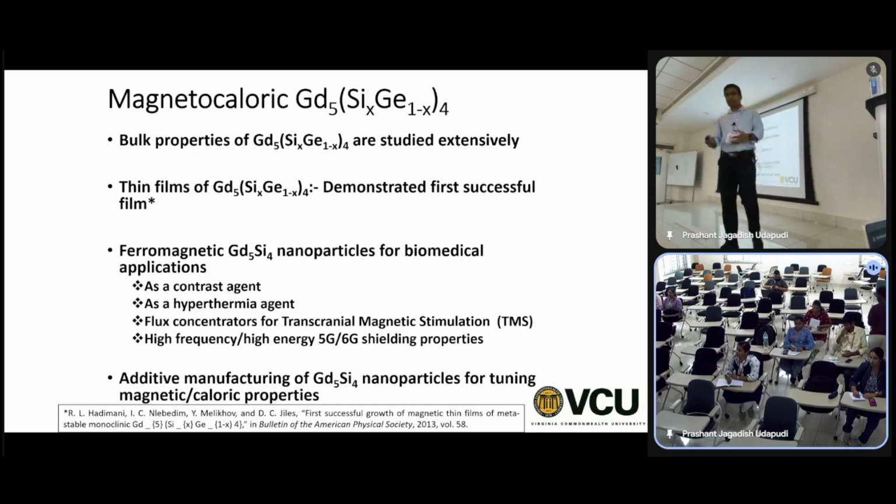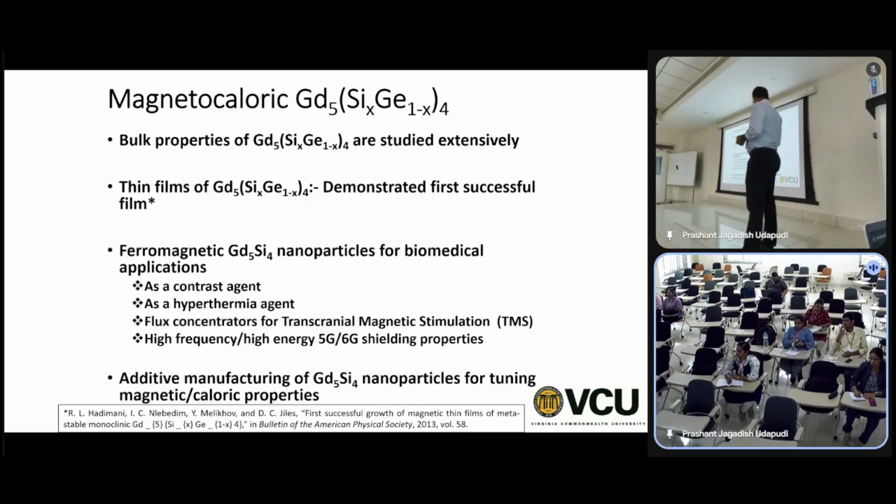So that means we have powder now. We have used ball milling to make this powder. That means we have a high yield of this powder. We can make lots of this powder so that we can use it in additive manufacturing. So now let's see how we can do this.